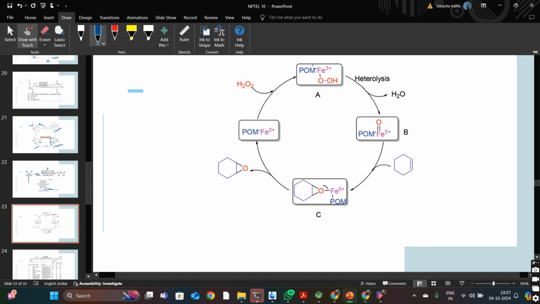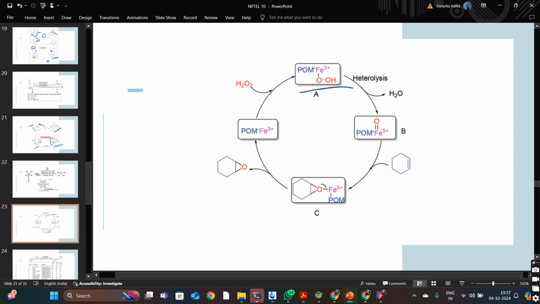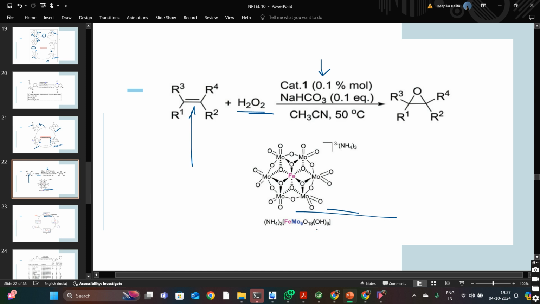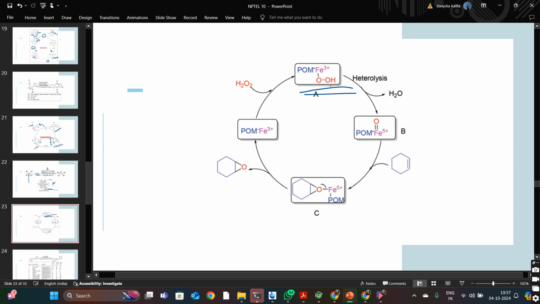So at first, A is nothing but the iron catalyst, which is given in the reaction. Okay, this catalyst is going to be denoted as A. So at first, catalyst A will undergo heterolysis and it is going to produce this intermediate catalyst B, in which the oxidation state of iron is increased by +2.